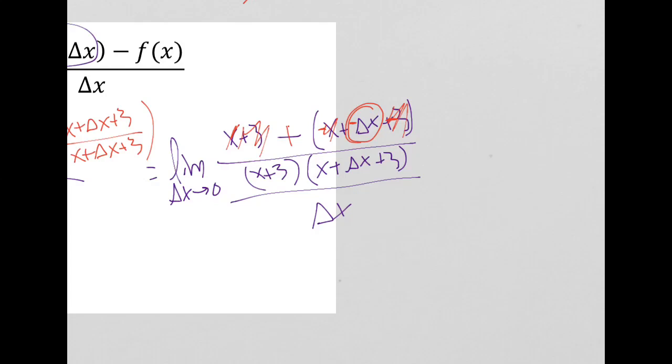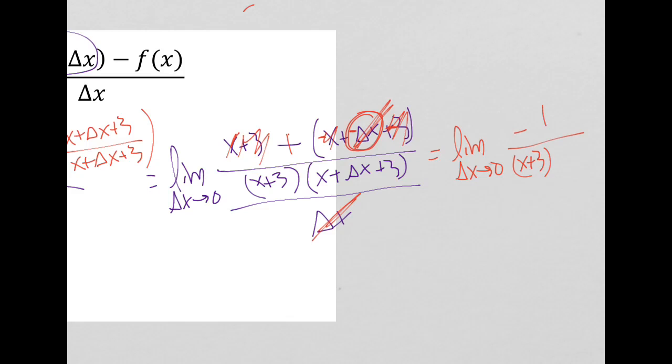And so I'm just left with that negative delta x. And that delta x is going to cancel with the delta x in the denominator. And holy moly, the limit as delta x approaches 0 is going to be negative 1 over x plus 3 times x plus delta x plus 3. Sorry, I ran out of room there.